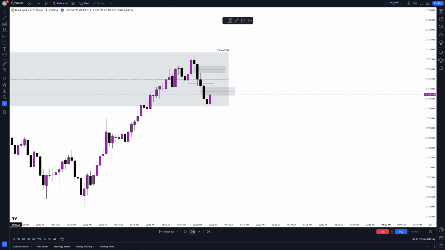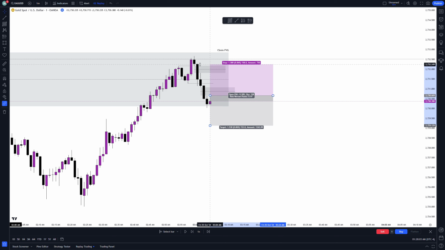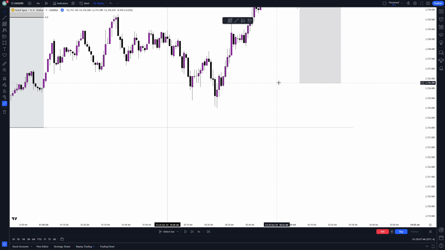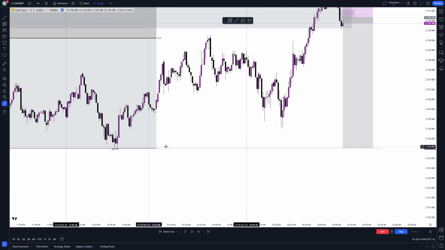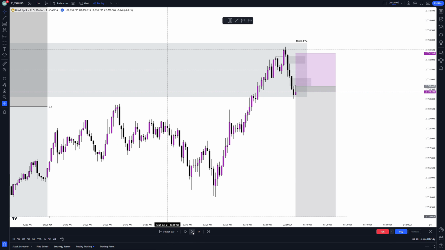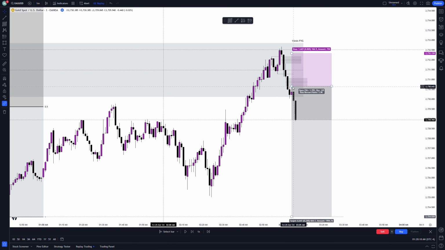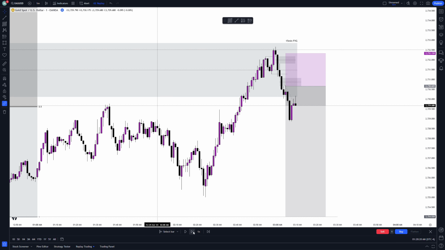So with this fair value gap, we'll just be entering off of this, and we'll be putting the stop loss above this fair value gap, right? And then we'll be going for 1 to 2, or you can just be in long positions, right? So I will be targeting this Asian low. Let's see what is going to happen. We have just hit it, and now this is running.